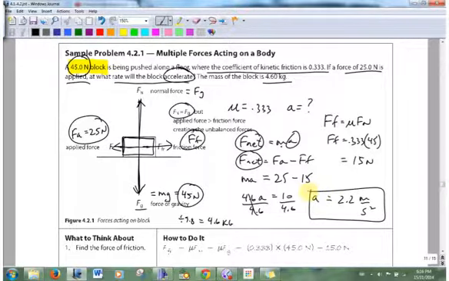Okay, it's accelerating. I have a net force, not constant velocity. The speed is changing at a rate of 2.2 meters per second per second.